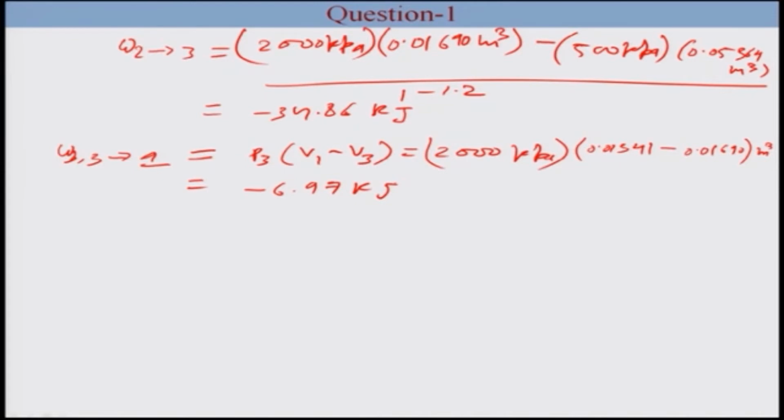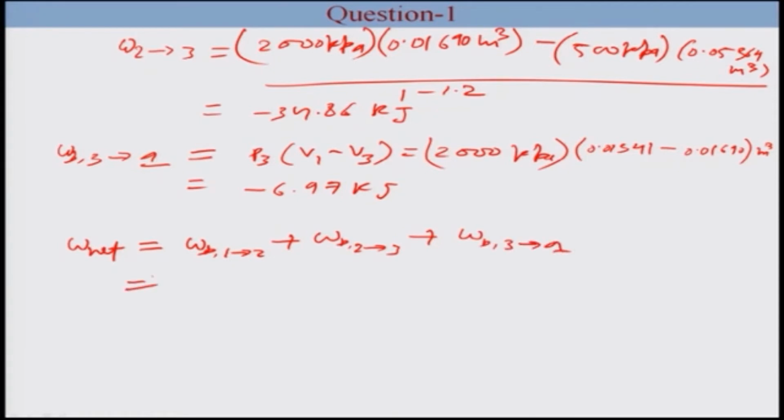Finally, we have to calculate the net work for the whole process. The net work of the whole process will be the sum of the work in each process. So W net will be W from state 1 to state 2, plus the work done from state 2 to state 3, plus W from state 3 to state 1.